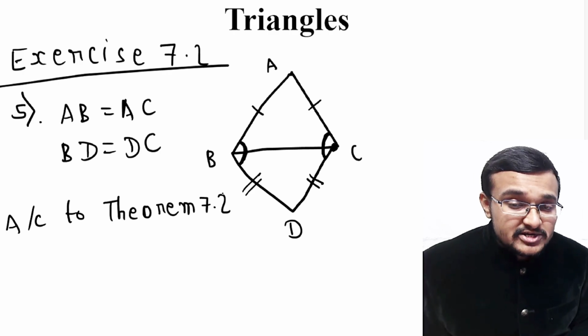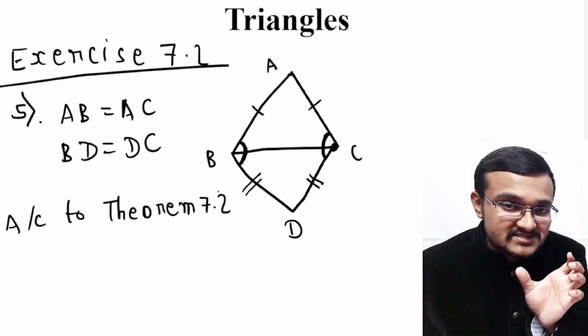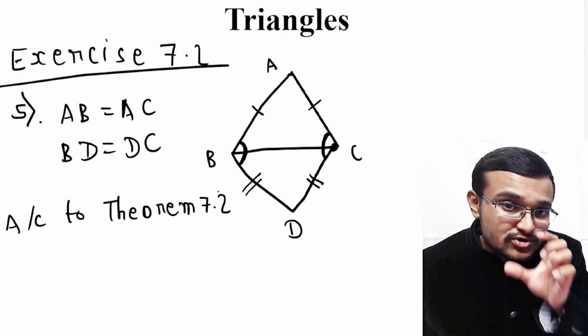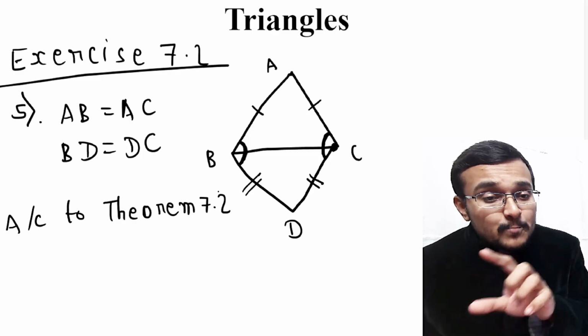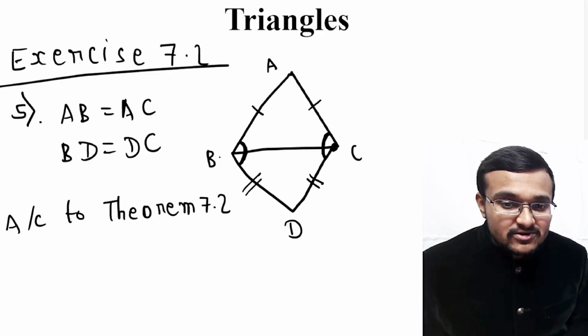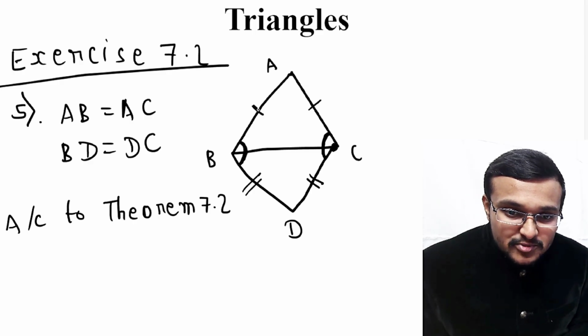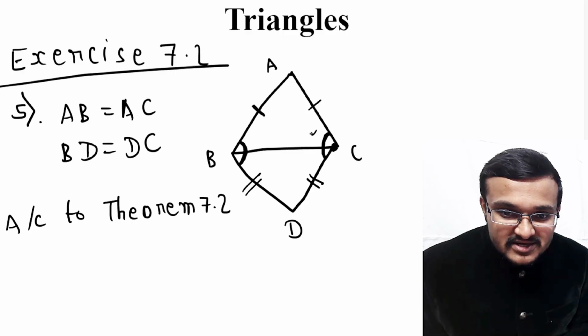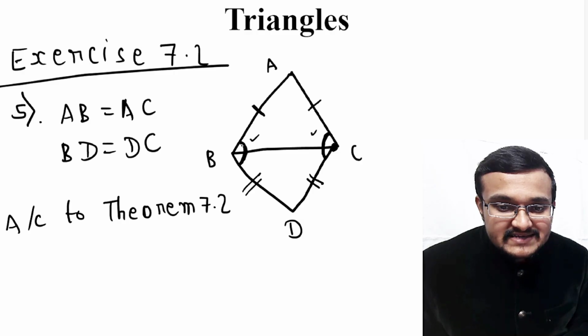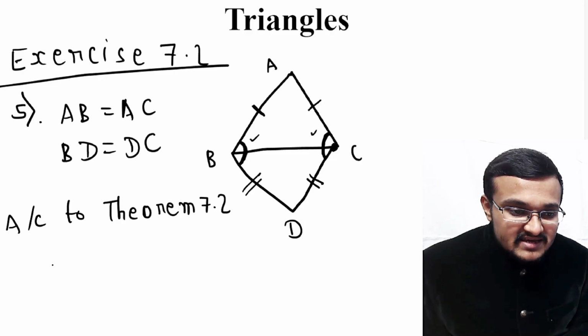According to theorem 7.2, in an isosceles triangle you will have two equal sides, and the opposite angles of those two equal sides are also equal. So here the opposite angle of AB is this angle and the opposite angle of AC is this angle, that is ABC and ACB. So ABC and ACB will be equal to each other.